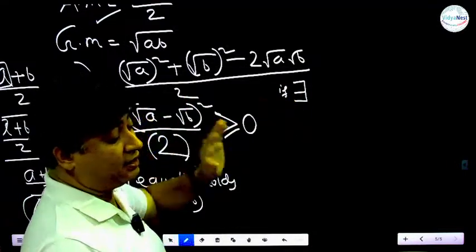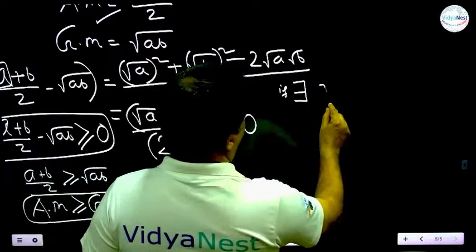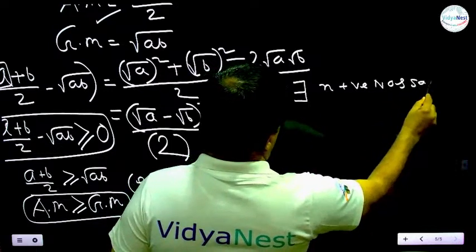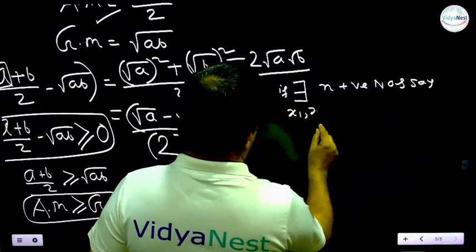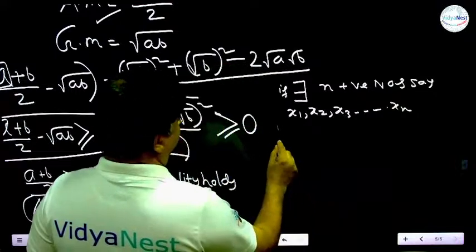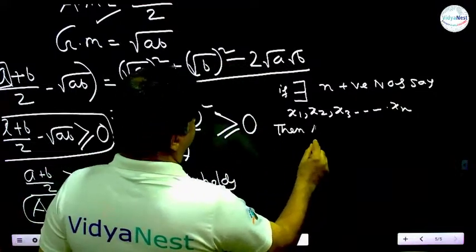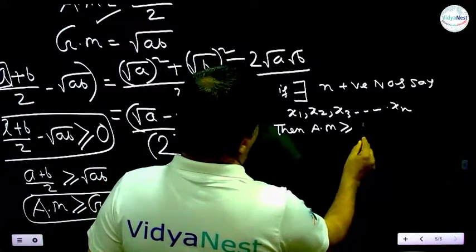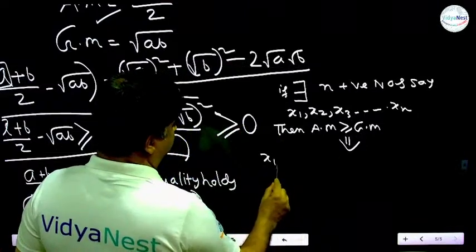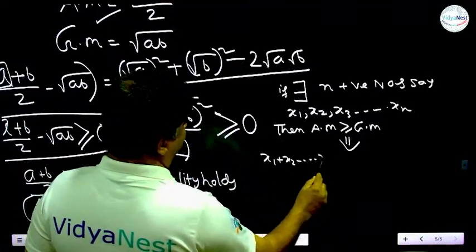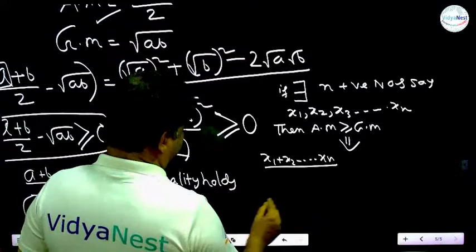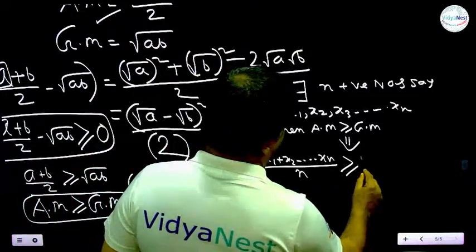If there exist n positive numbers, say x1, x2, x3 up to xn, then arithmetic mean greater than or equal to geometric mean implies what? x1 plus x2 up to xn by n, the number of terms is n, greater than or equal to the nth root.